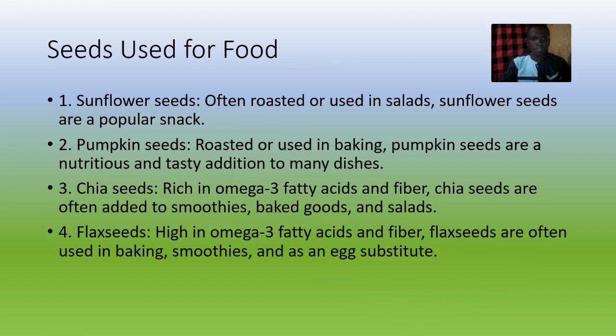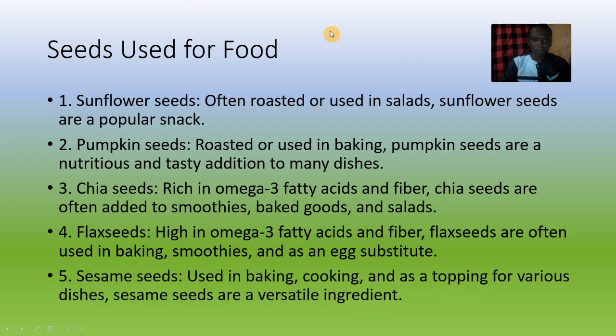We have the flax seeds, high in omega-3 fatty acids and fiber. Then these seeds are often used in baking, smoothies, and egg substitutes. We have some seeds used in baking, cooking, and topping for various dishes.